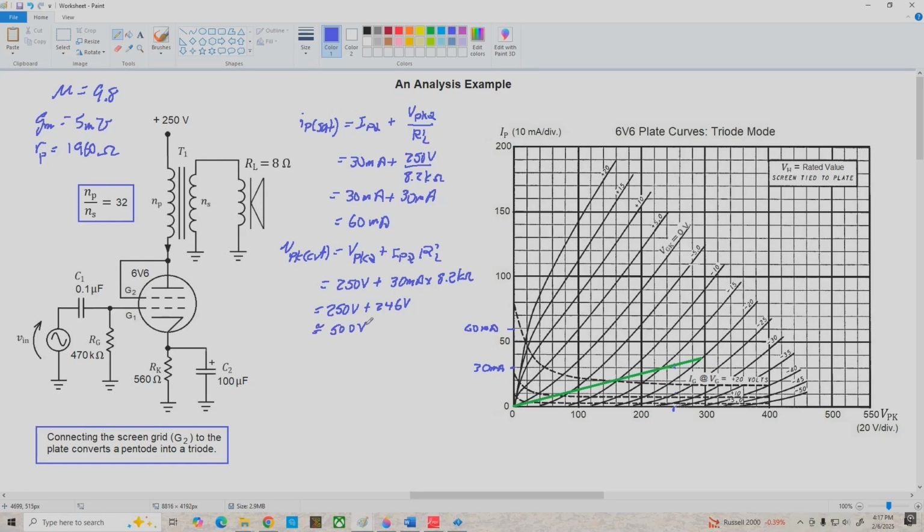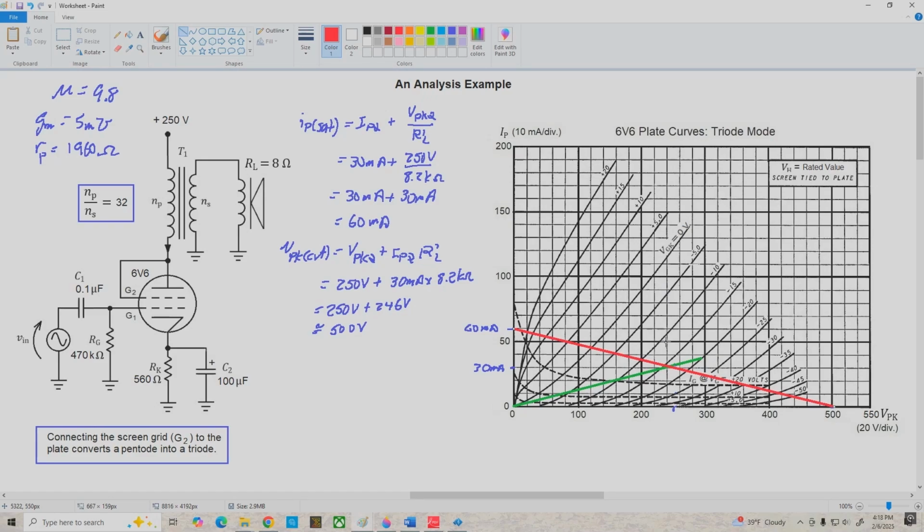It's close enough. So we're out here, and if we connect these, we'll change our color to red, going from 60 milliamps over here to 500 volts. And notice that our AC load line does go right through the Q point that we predicted based on our vertical DC load line.